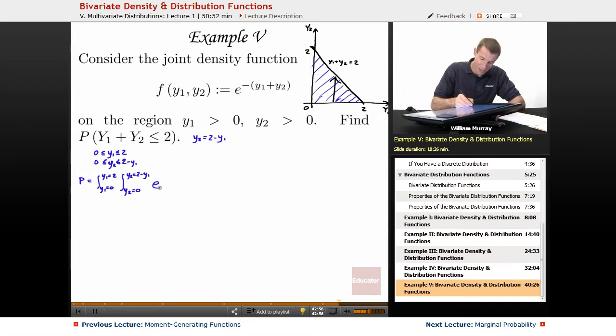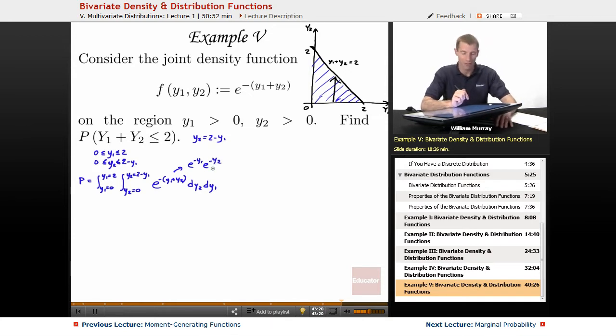And now I have that same density function, e to the negative y1 plus y2. And now let's see, I have dy2 and then dy1. And remember the old trick that we used back in example 4, it works again, is to write that density function as e to the negative y1 times e to the negative y2. The utility of that is that we're integrating y2 first.